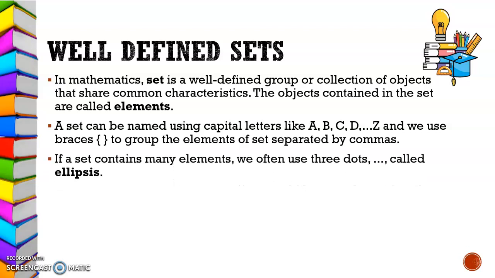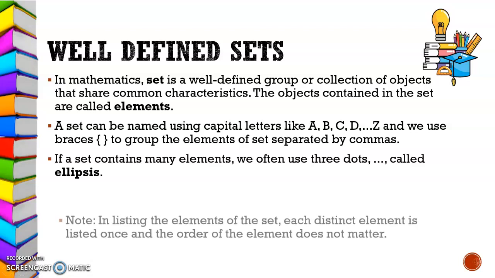If a set contains many elements, we often use three dots, which are called ellipses. When we list elements, it is not always just two or three elements. We can list more than 100 elements. So instead of listing all the elements of a given set, we can just put an ellipsis to make it shorter. It is understood that whatever elements are within the three dots, the ellipsis, are included in the set.